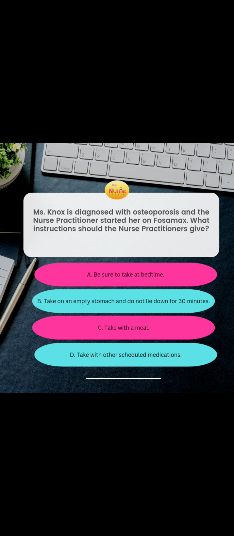And that's just simply because this drug class can cause esophageal erosion. So that's something that we're trying to eliminate. So make sure you know this. So the answer choice is B. Take it on an empty stomach and do not lie down, or we say sit down because you want them upright. So it just makes it easier if the patient just takes a brief walk. Okay.